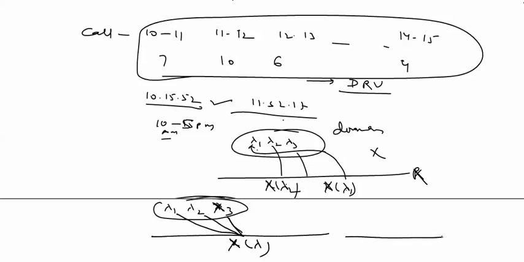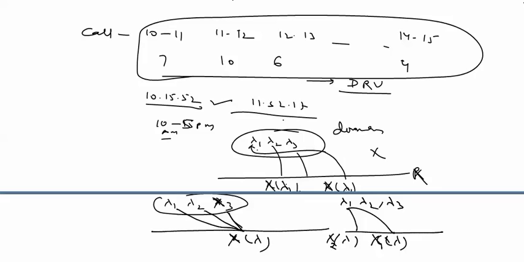But this is not possible: for lambda 1, lambda 2 and lambda 3 we assign some value x lambda, and again assign one more value x lambda, x1 or x2, two values. So two different values on the real line can't be assigned to a sample.